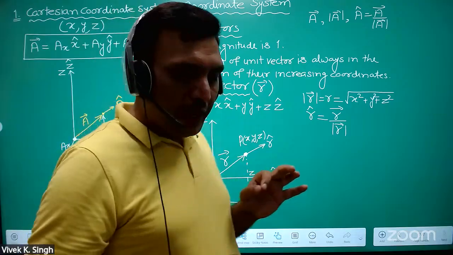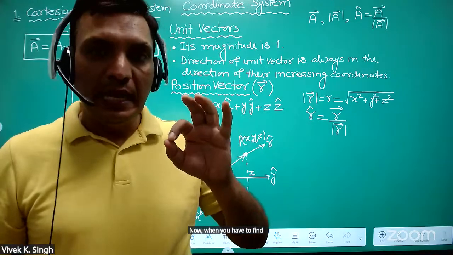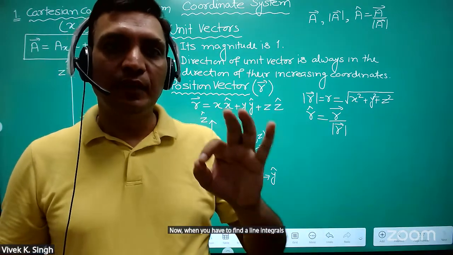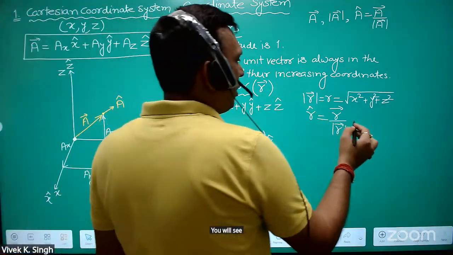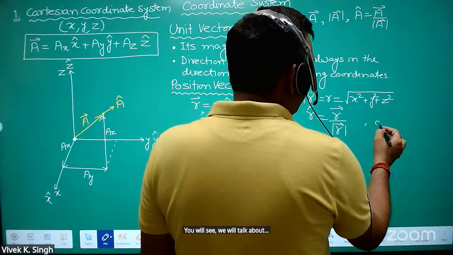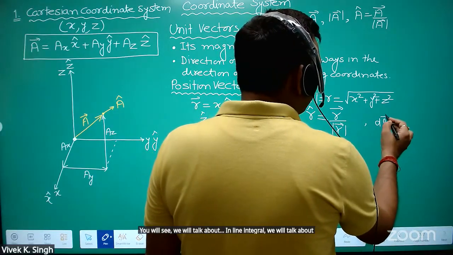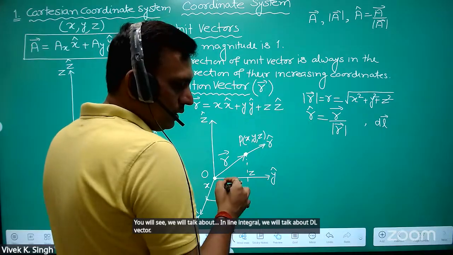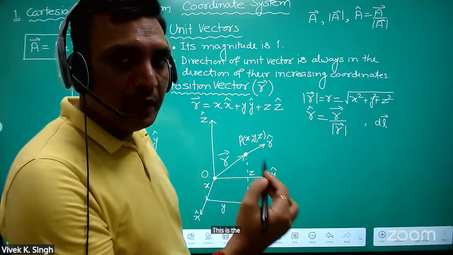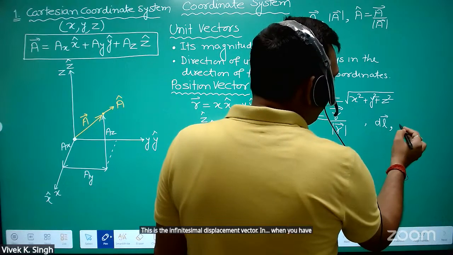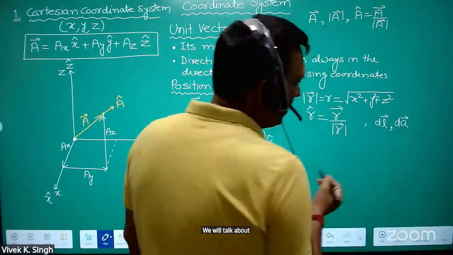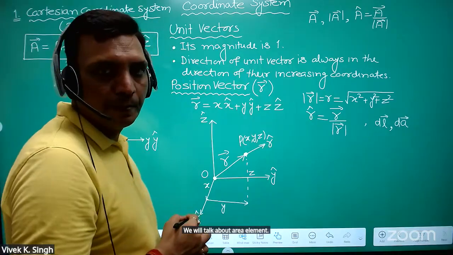Now, when you have to find line integral, surface integral, and volume integral, in line integral we will talk about the dl vector. This is the infinitesimal displacement vector. When you have to find surface integral, we will talk about area element, dA.